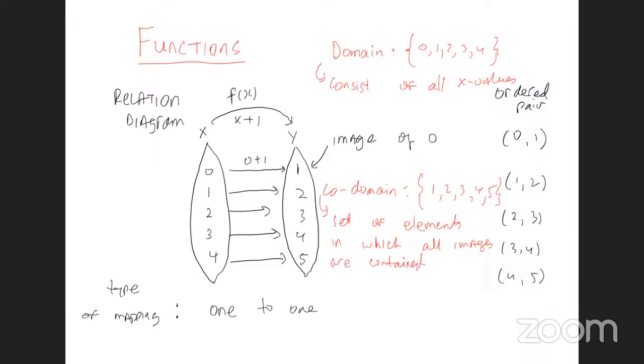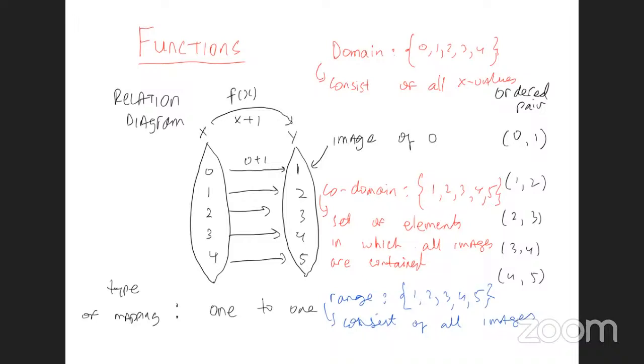And the last one, I'll put this one in a different color because it's the one that we tend to mix up, the range. In this case, the range is the same, and it consists of all the images.